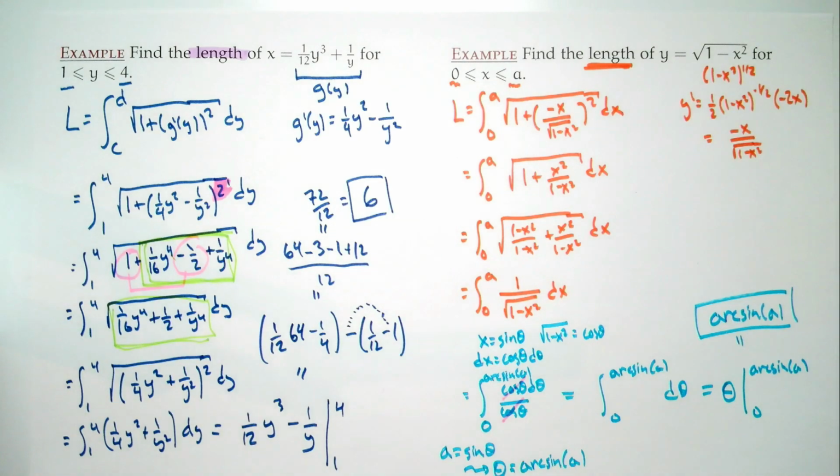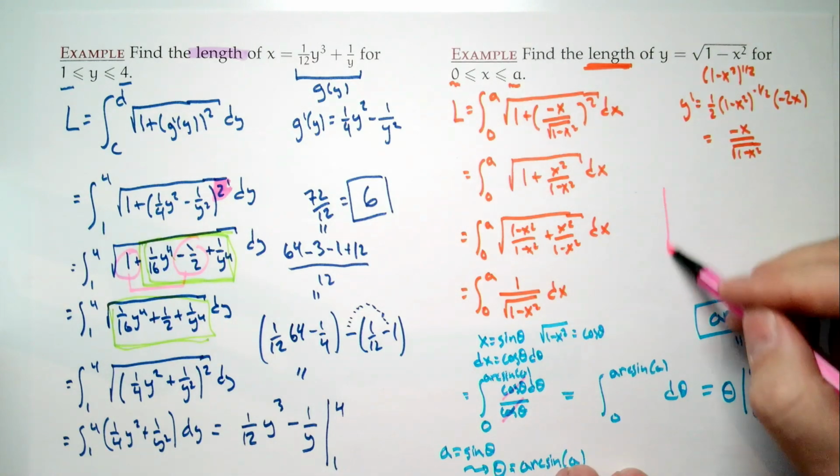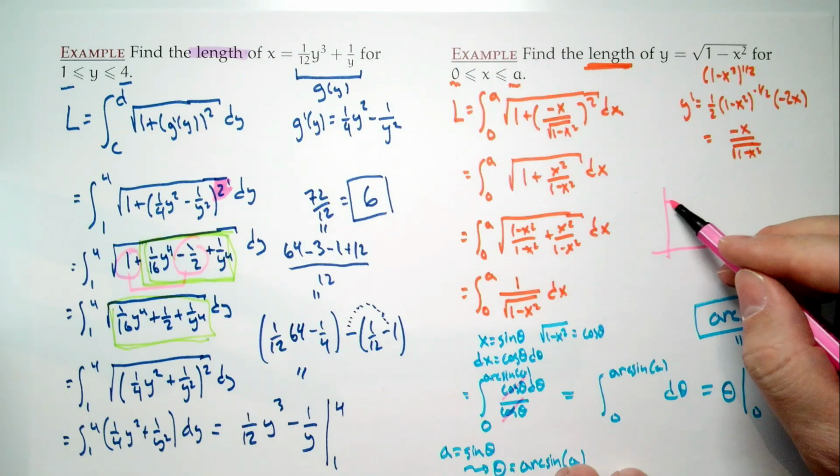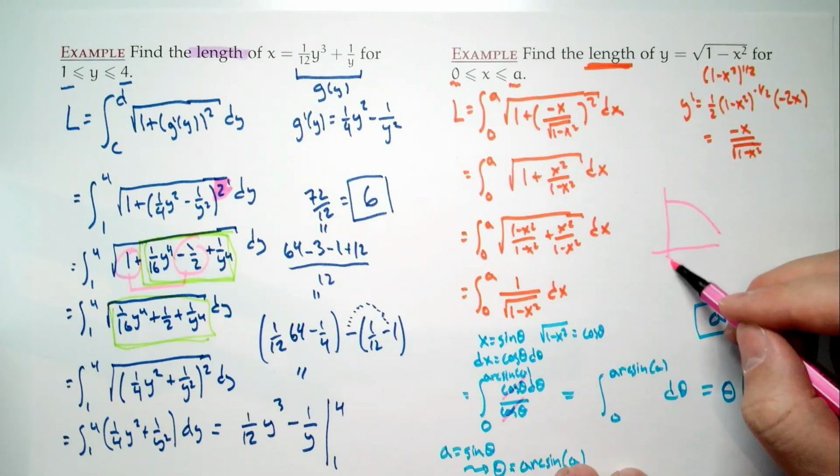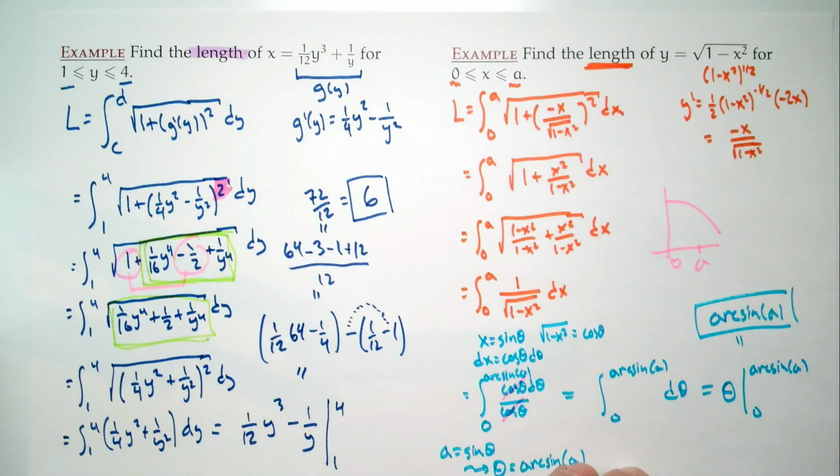Okay, good. It's clean. Nice, clean answer. By the way, does anybody recognize this curve? It's a circle, the square root of 1 minus x squared. And what's happening? Well, if you think about the picture, you have this curve here, and you're going from 0 up to a.